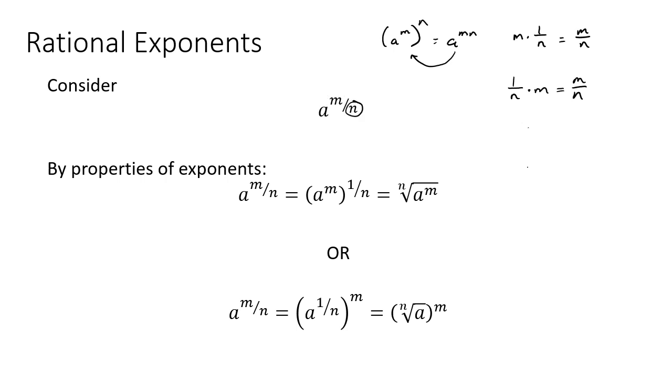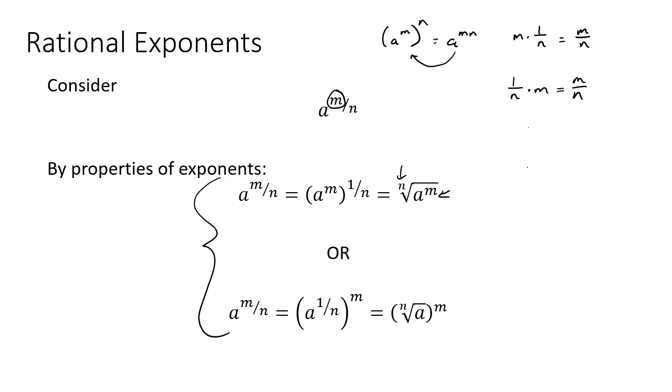And the really powerful thing, and what these two different forms show us, is that the order you do it in doesn't matter. You could raise it to the mth power first, and then take the nth root, or you could take the nth root first, and then raise it to the mth power. It doesn't matter, as long as you perform those two operations. The numerator is a traditional exponent.